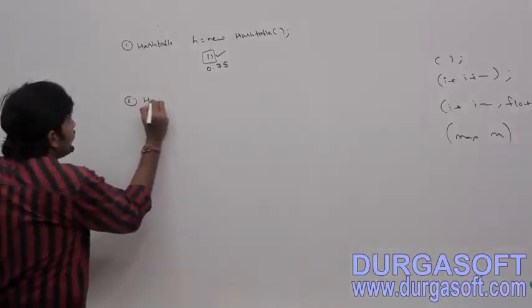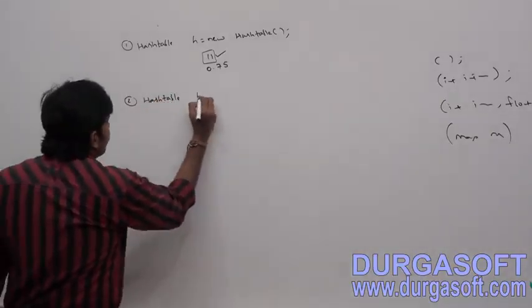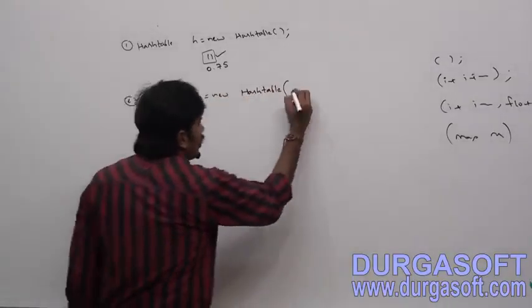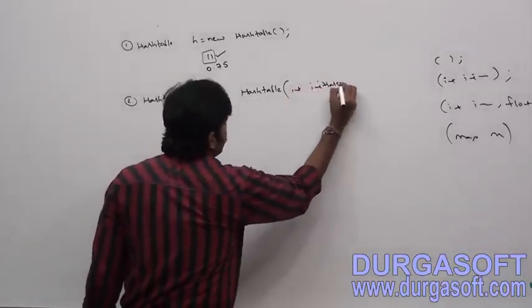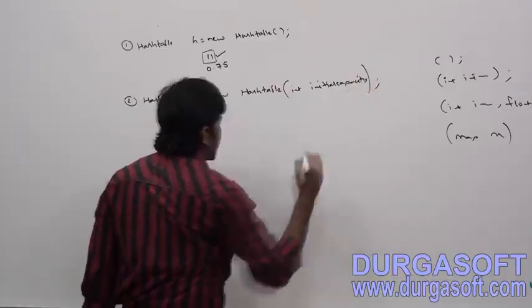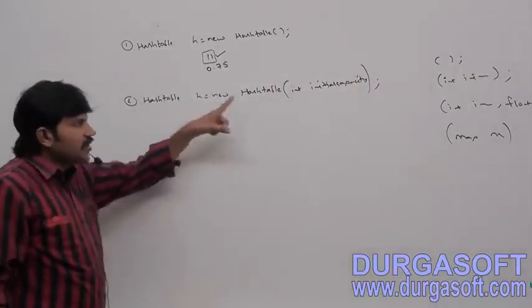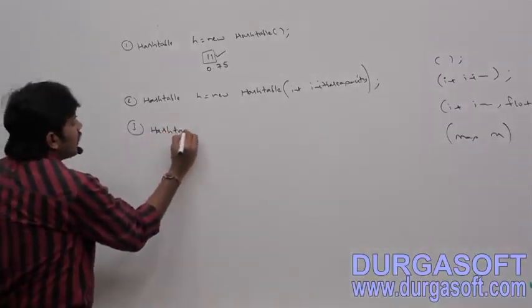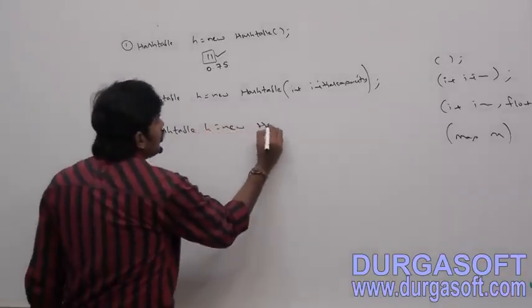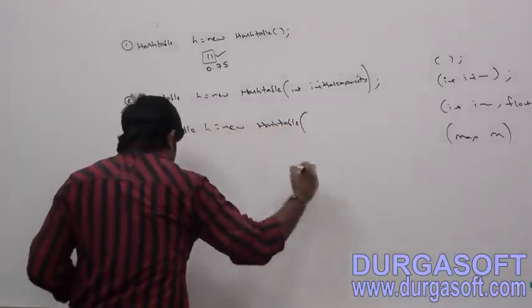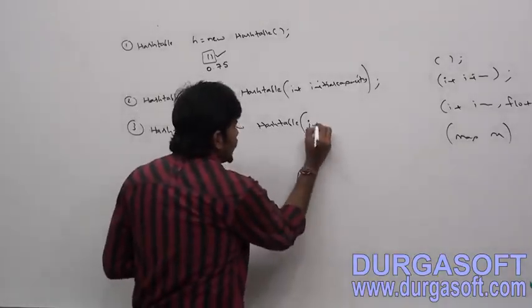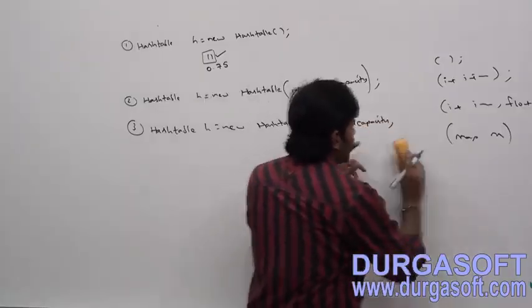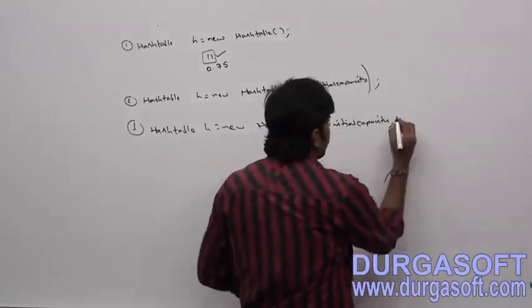Now second one, hash table h is equal to new hash table of int initial capacity. Sir, my own capacity, whatever capacity I want, please create a hash table object like this. Third one, hash table h is equal to new hash table of int initial capacity comma float fill ratio.